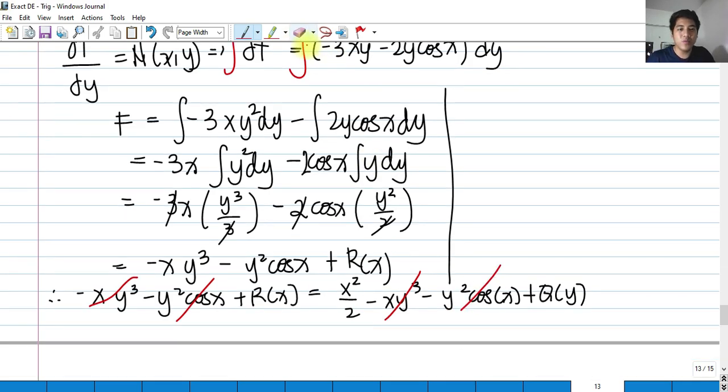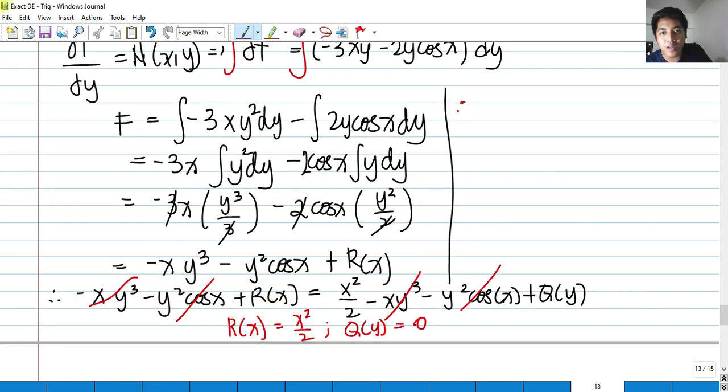So what would be the value of r of x? The value of r of x is on the right side of the equation, purely containing x squared over 2. And the value of q of y is the pure y on the right side of the equation. In that case, we have 0 because there is no term here that's purely in terms of y.